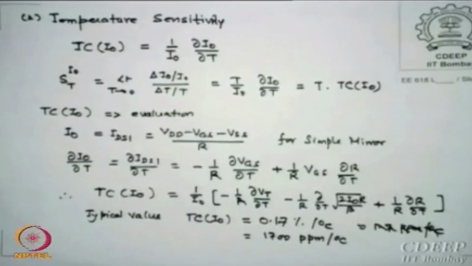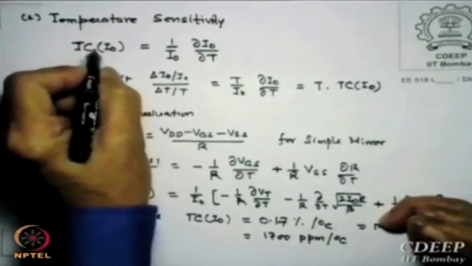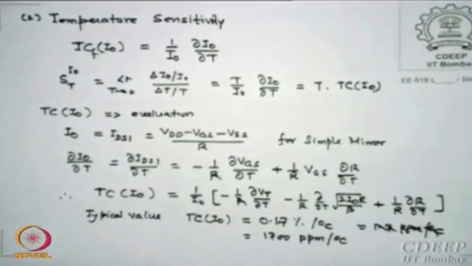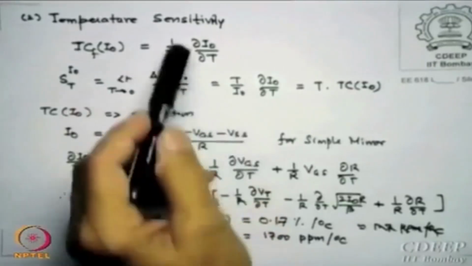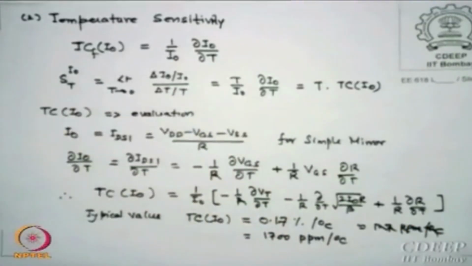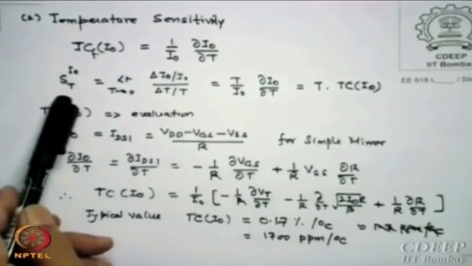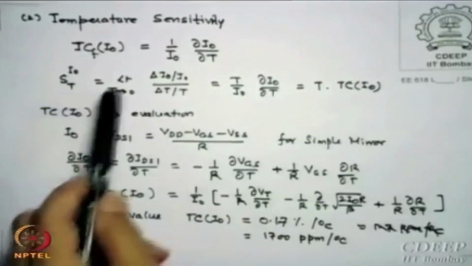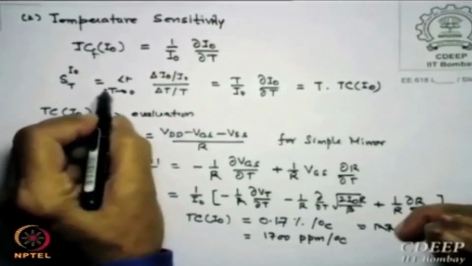The temperature variation sensitivity is expressed as temperature coefficient, okay. Sometimes they write it like this, so maybe I will write it like this. TC is capital, F is subscript, so TCF, temperature coefficient of I0, is defined as 1 upon I0 delta I0 by delta T. This is how the temperature coefficient of I0 will be defined. We already have written sensitivity of I0 to temperature, so it will be, okay, same mistake again.